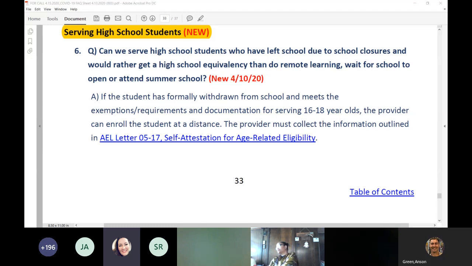All of that helps to determine their out of school status, whether or not they're considered in school or out of school. And again, every district has a different process. Some of them just say if they've missed so many consecutive days, we just withdraw them and they're considered withdrawn.